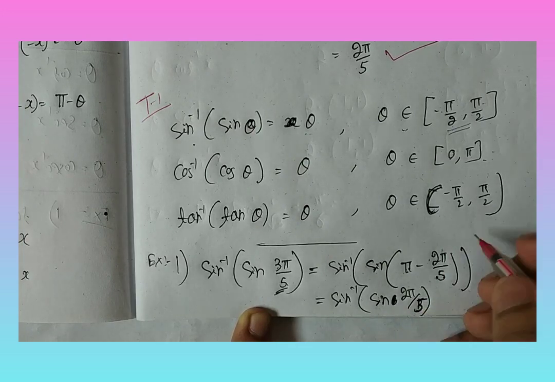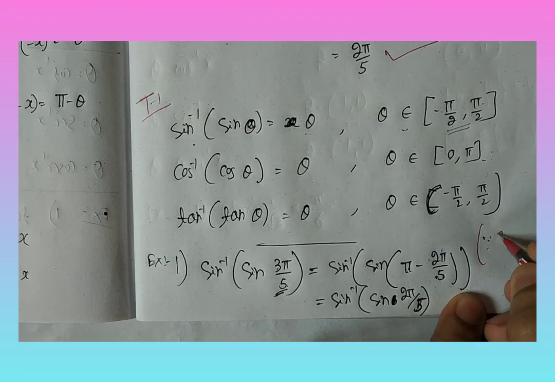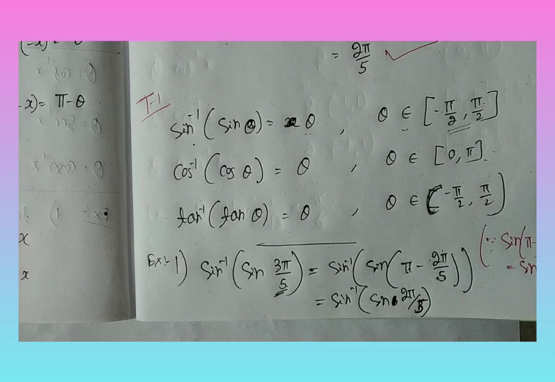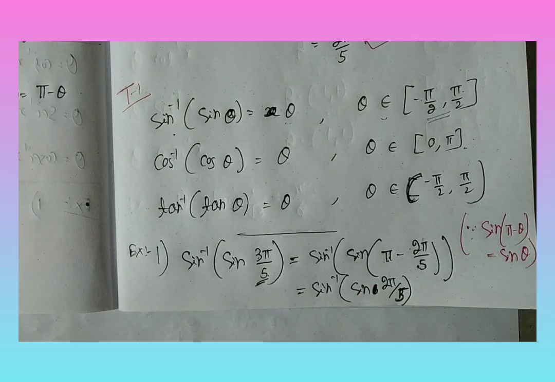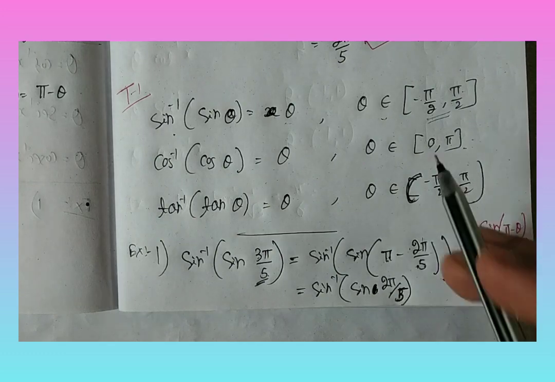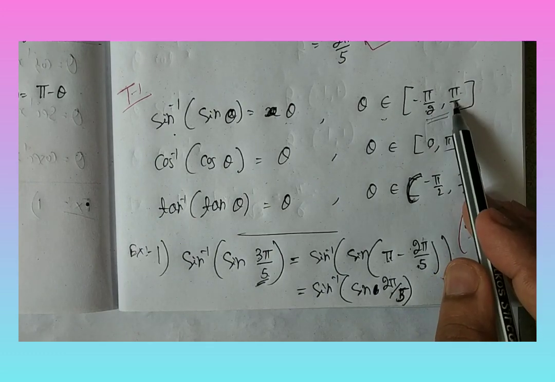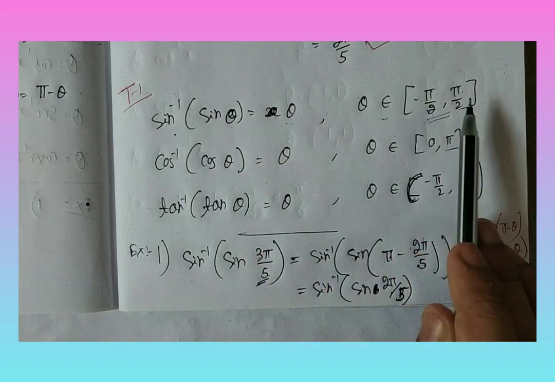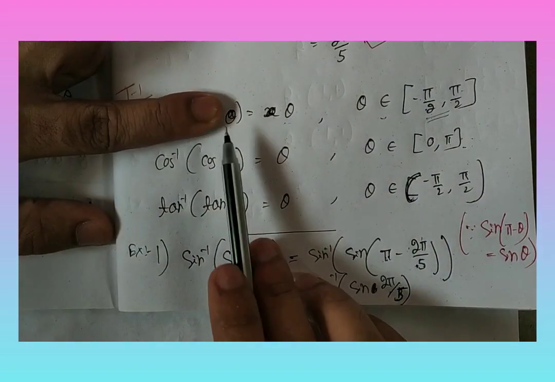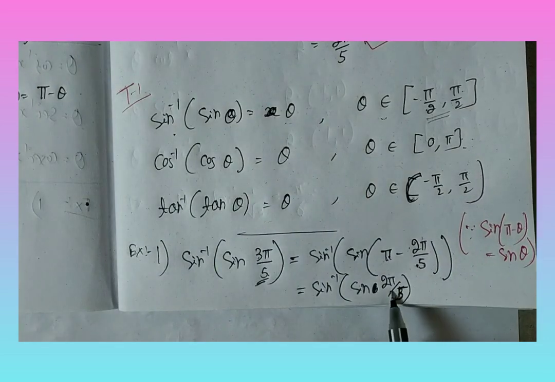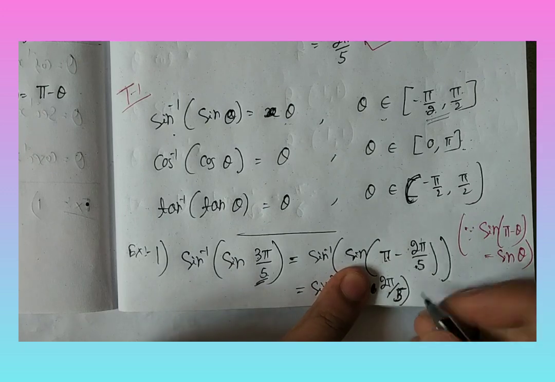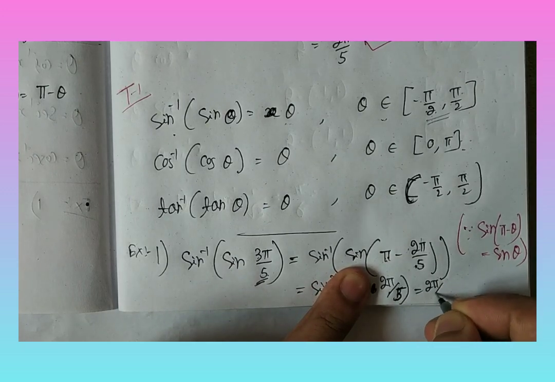First formula: sin of (180 minus theta) is equal to sin theta. Now this angle belongs to minus 90 to plus 90, so we can cancel sin inverse sin, and the result is theta. Now we can cancel sin inverse sin and we will get 2 pi by 5.